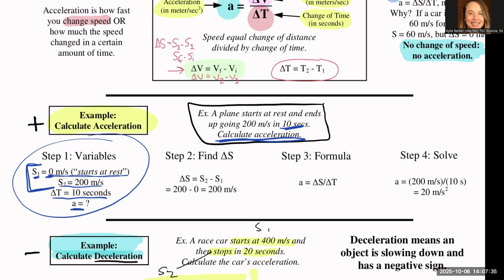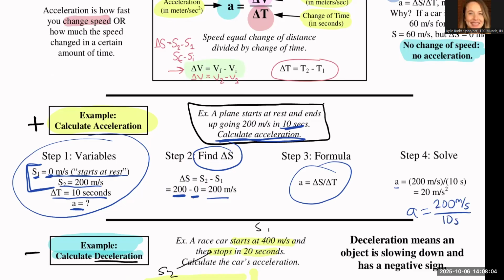In order to calculate acceleration, I have to know change in speed. So we did ending speed, 200, minus beginning speed of 0 to give us our answer of 200. We know that this is the formula that we're going to use. And so they said A, acceleration, and I'm going to rewrite it more vertically, equals 200 meters per second. That's our delta S, divided by 10 seconds.